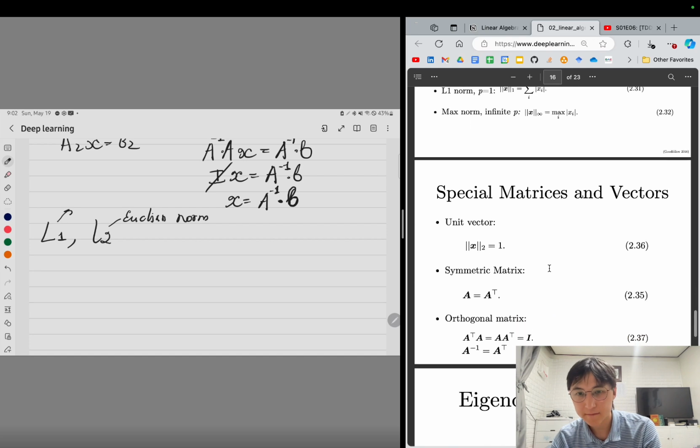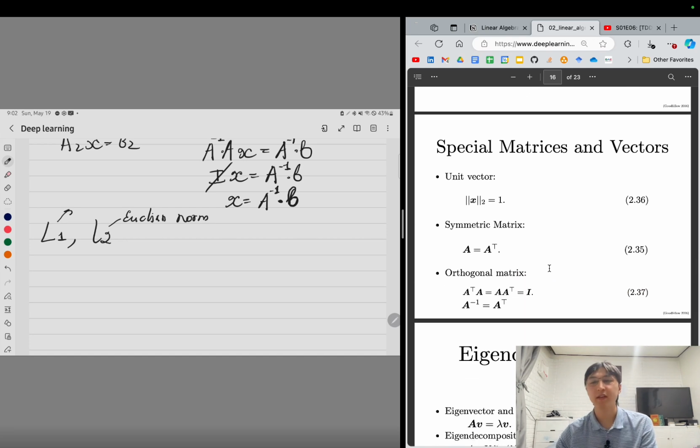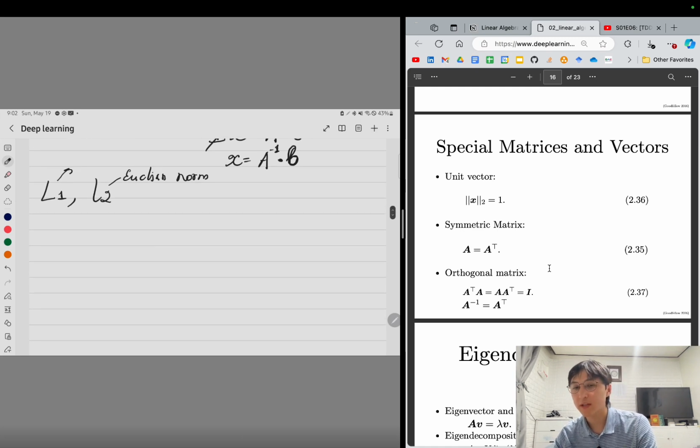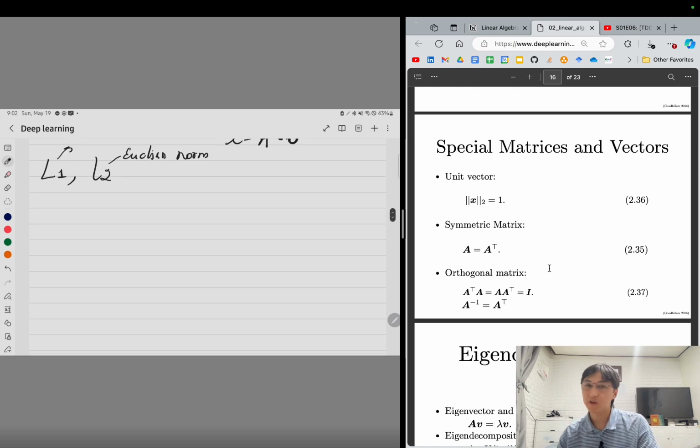So next, special matrices and vectors. Let's talk from the bottom to top. Orthogonal matrix. If you have a matrix and if it is orthogonal, it means it's very easy to find the inverse of that matrix, because A inverse is equal to A transpose.